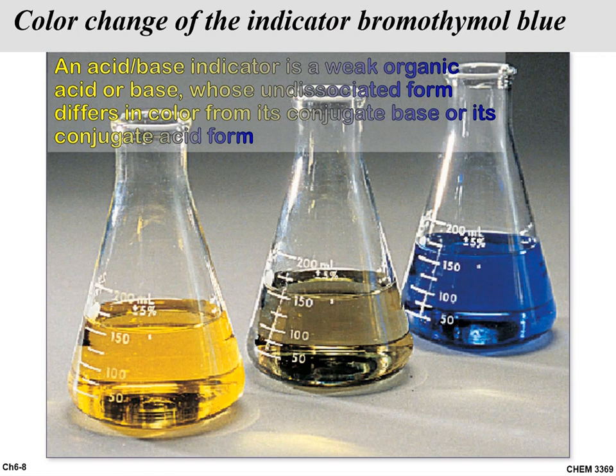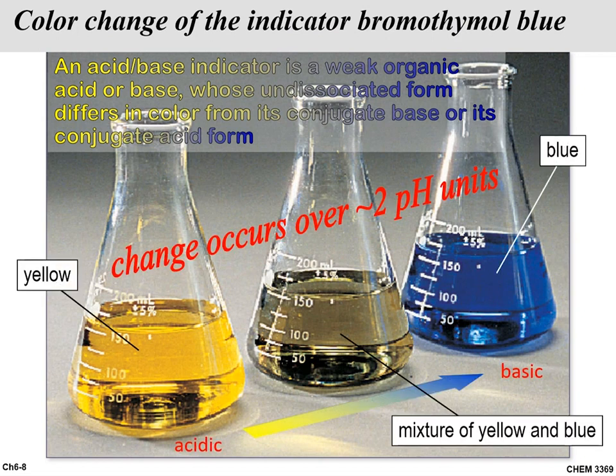And there are so many different indicators that actually works to our advantage because they will exhibit this color change over different pH ranges, okay? So this is an example of bromothymol blue.